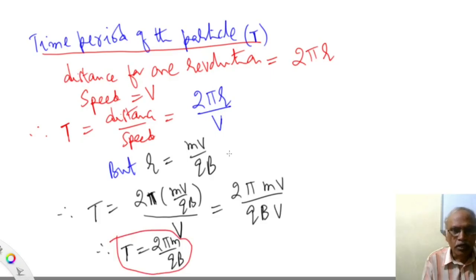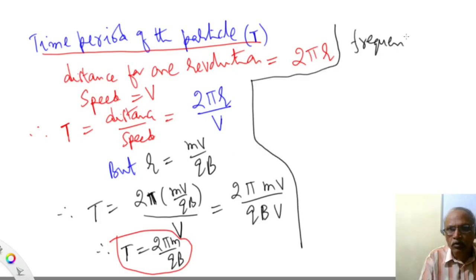And if you want the frequency of revolution of the particle, how do you get frequency? Frequency is nothing but the reciprocal of time period. We denote frequency by the letter nu.